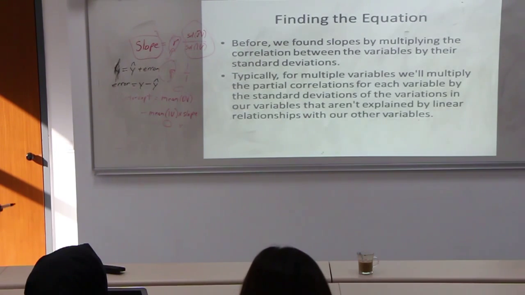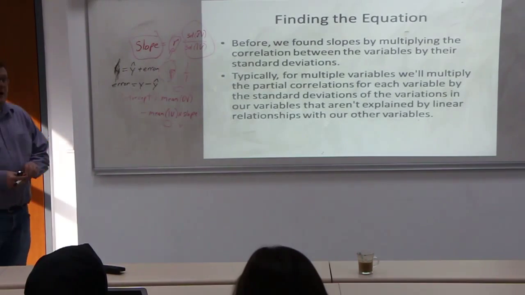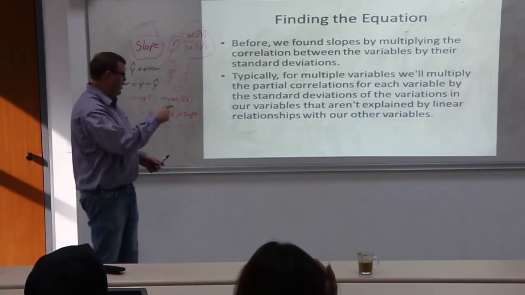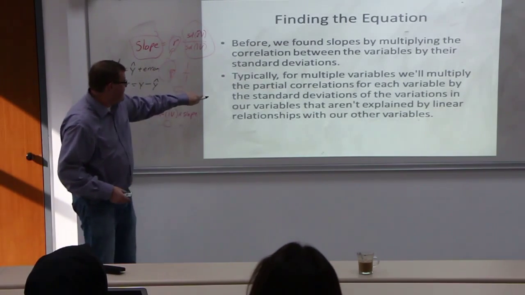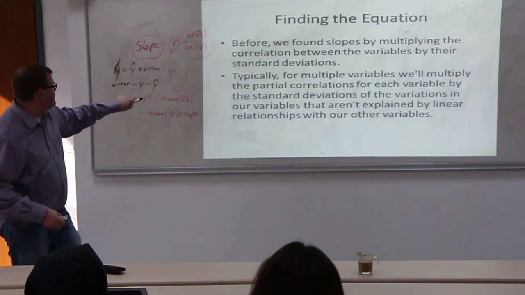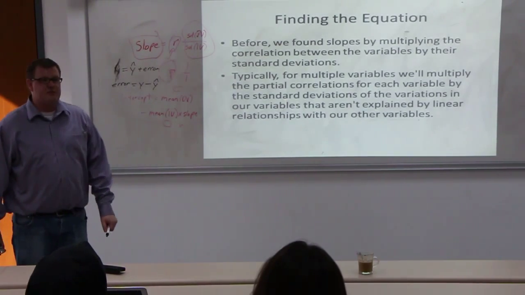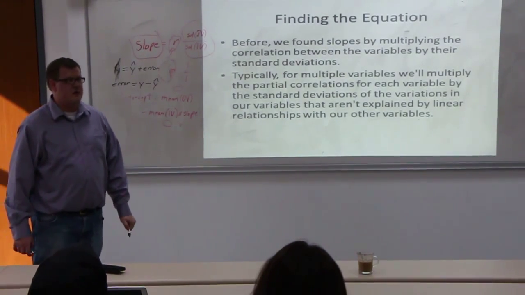Here it's going to be a little different. So typically for multiple variables, you're going to multiply the partial correlation for each variable by the standard deviations of the variations in our variables that aren't explained by the linear relationships with the other variables.